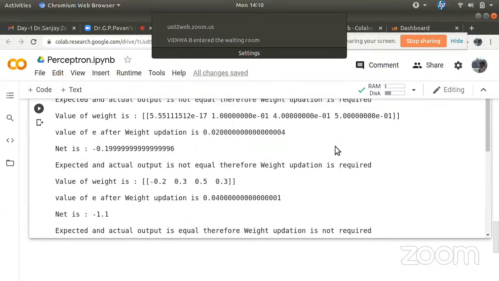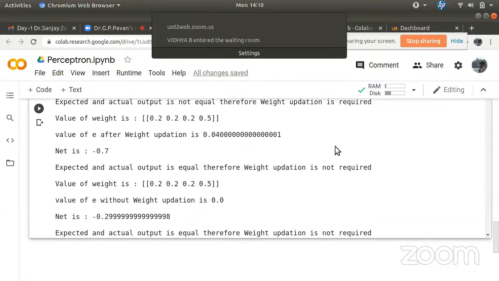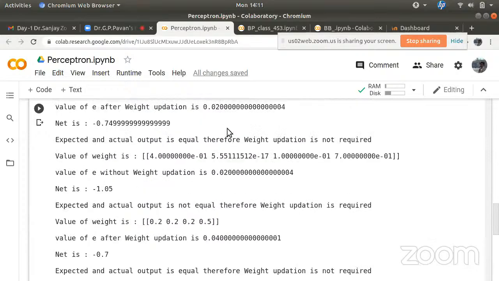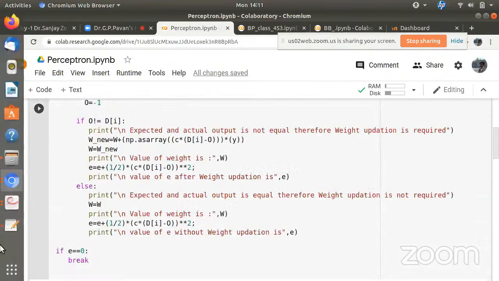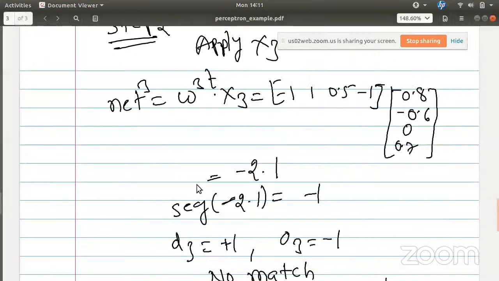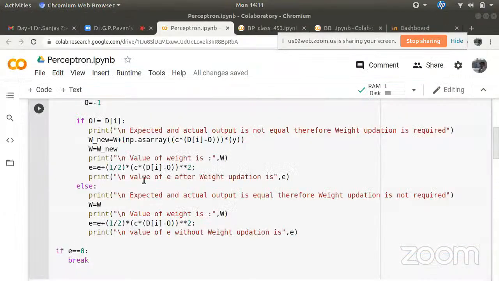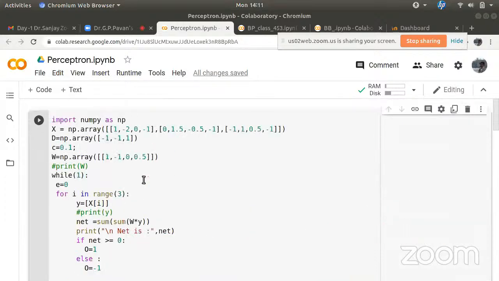This is the Python script, and in Google Colab you can very easily create such programs. I will also share this perceptron learning file with you. You can use any software, not only Python.